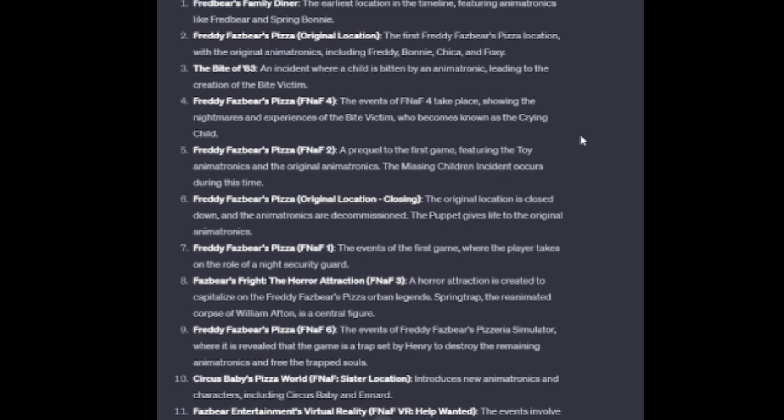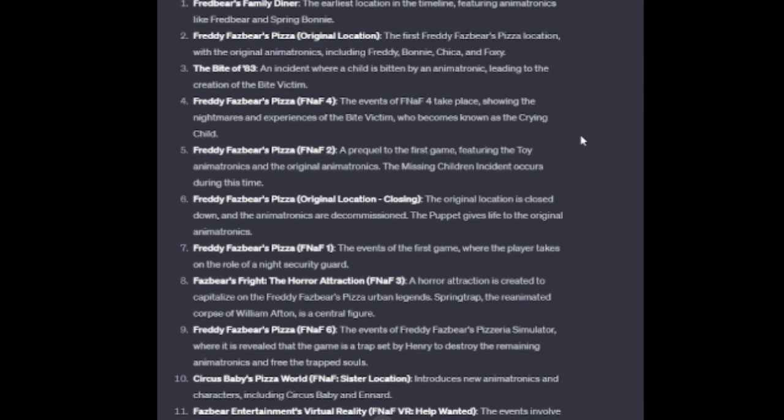Okay, so we get Diner. The earliest location in the timeline featuring animatronics like Fredbear and Spring Bonnie. First, Freddy Fazbear's Pizza location with the original animatronics, including Freddy, Bonnie, Chica, and Foxy. An incident where the child is bitten by an animatronic.